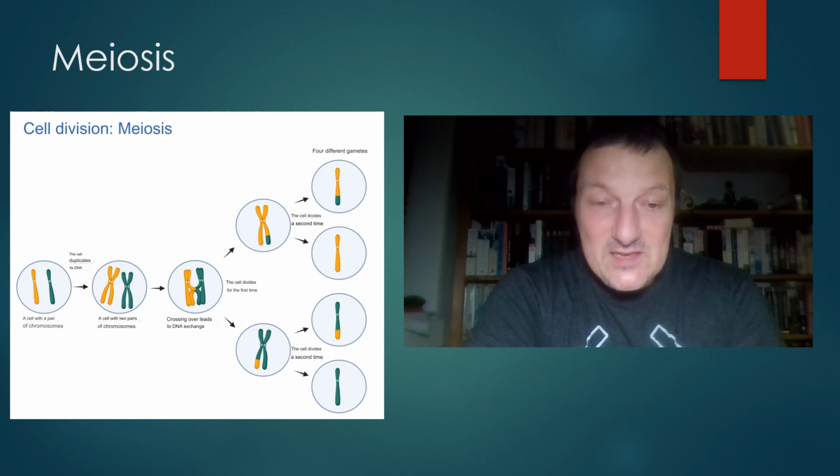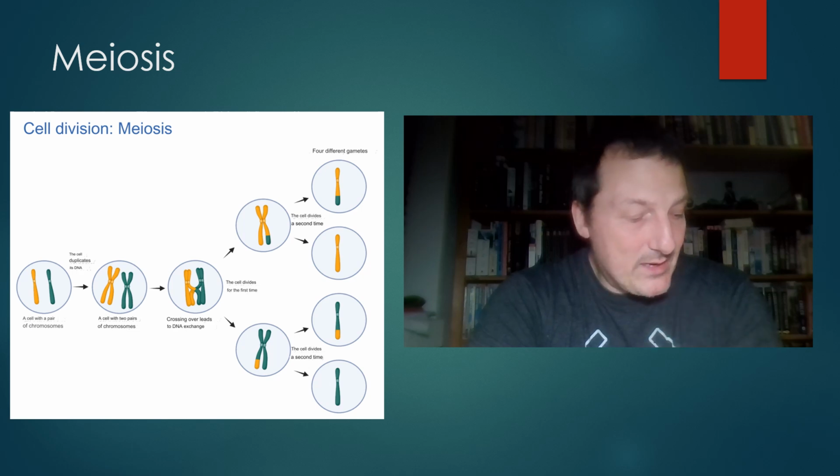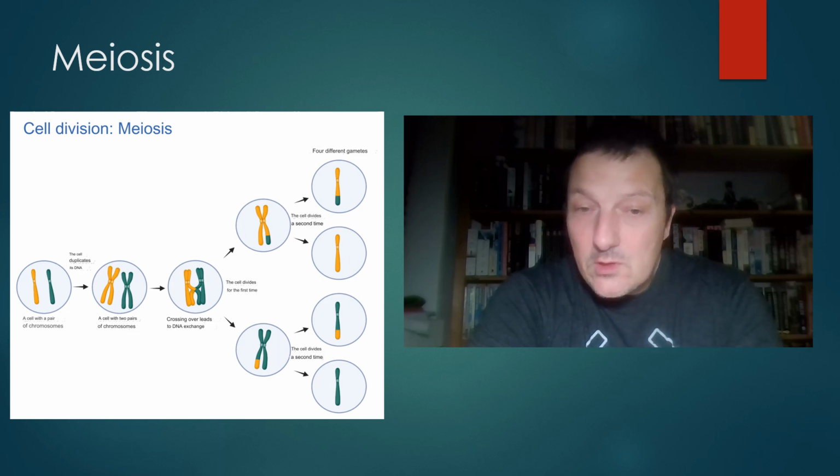So you have a cell that is dividing in two stages. In the first stage, you get some crossing over of the DNA between the different chromosomes, and then you get a second division, or meiosis 2, which ends up with each cell only having one copy of each.